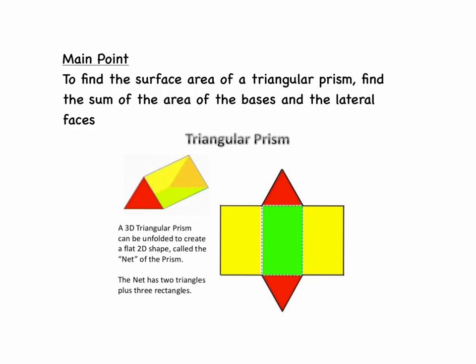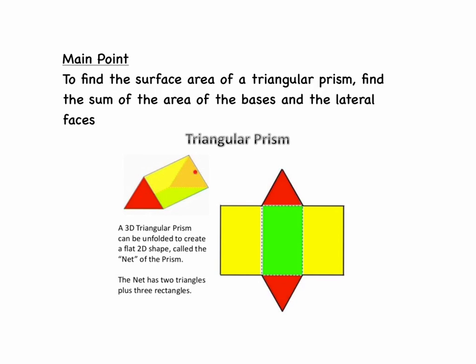The main point: all you have to do to find the surface area of a triangular prism is find the sum of the area of the bases and the lateral faces. So we have a triangular prism over here. If you think about unfolding it, we have our two bases, which are these red triangles. All we'd have to do is find the area of these.